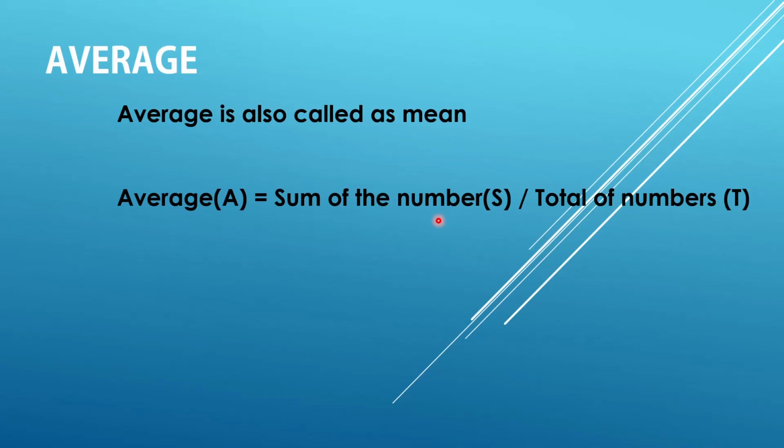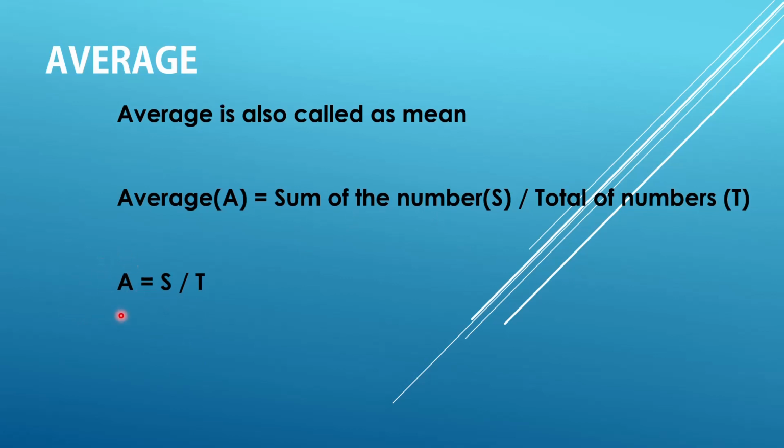So average is equal to the sum of the numbers, so first we need to find the sum, divided by the total of numbers, meaning how many numbers. There we will put a 5. So this is the basic rule of average. In simplification, we can say A is equal to sum divided by total. So this is the formula for average.